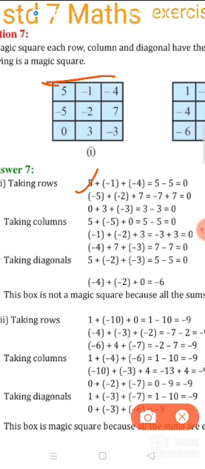Here we will do the addition of both the negative numbers first. Plus minus becomes a minus, and minus minus becomes a plus. So negative 4 and negative 1 become negative 5, and 5 will be as it is.